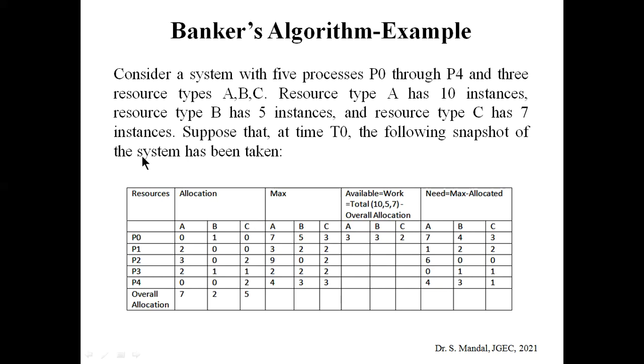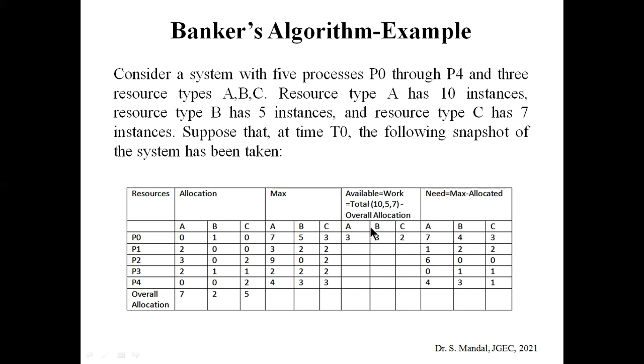So what is the initial information given to us? The total number of resource instances: A has 10 instances, B has 5 instances, and C has 7 instances. The initial allocation for each process is already provided, and the maximum demand of each resource by the respective process is also given to us.